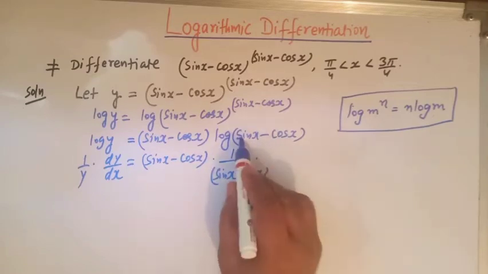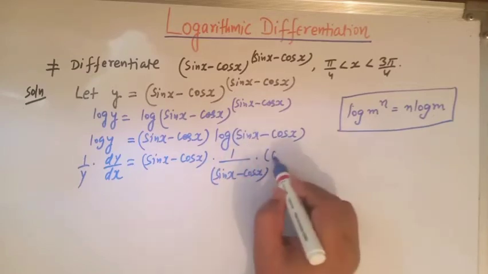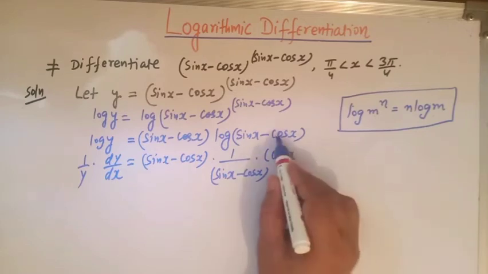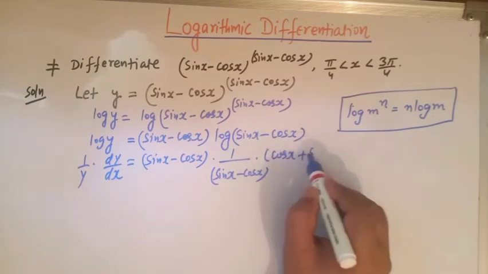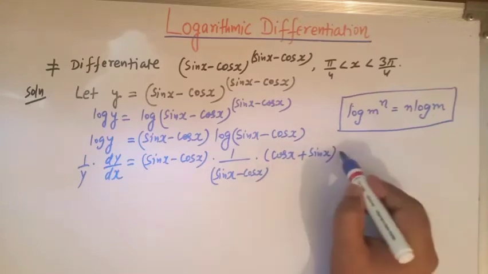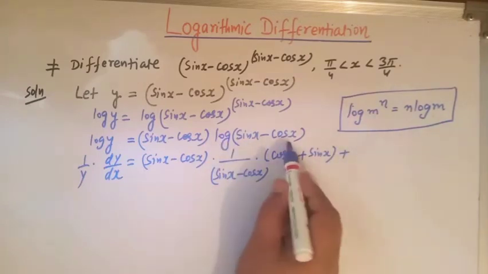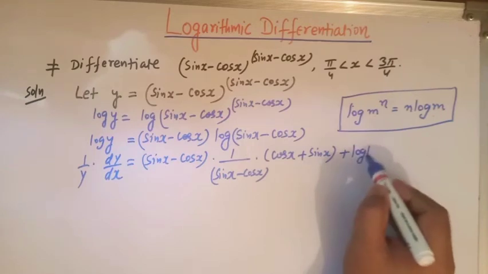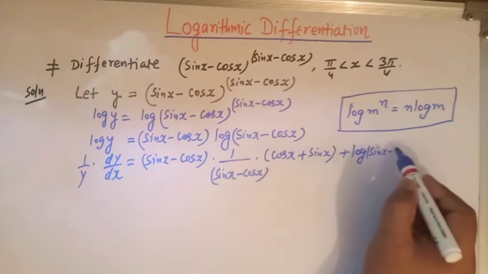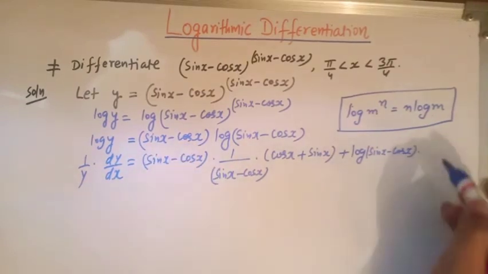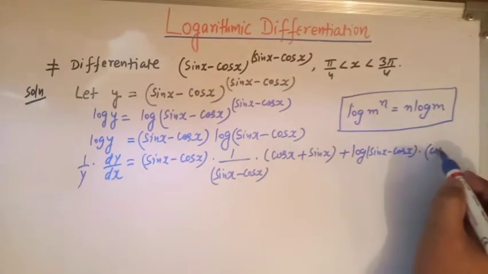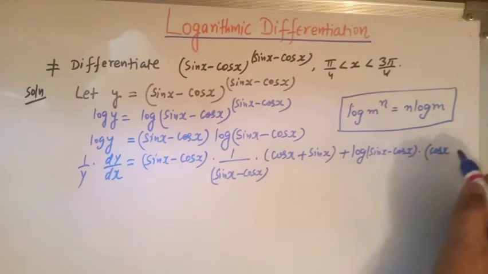Then by chain rule, the derivative of sin x is cos x, and the derivative of cos x is minus sin x. So this is plus sin x, right? And then plus, we have the second function log of (sin x minus cos x) times the derivative of (sin x minus cos x), which is cos x plus sin x, right?